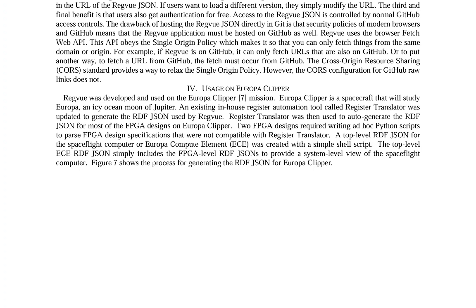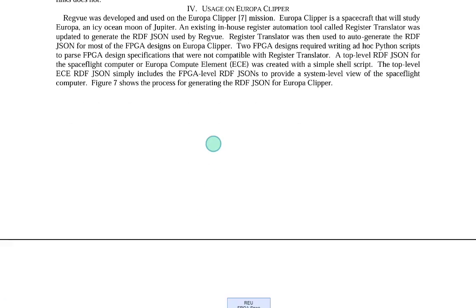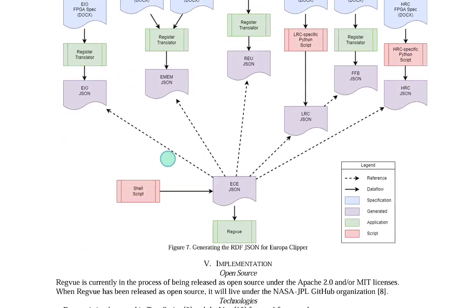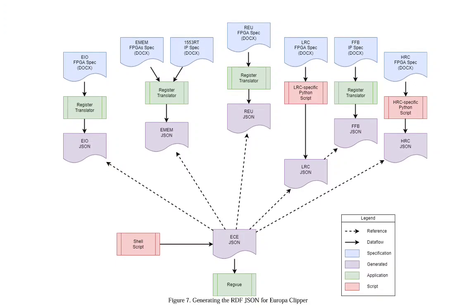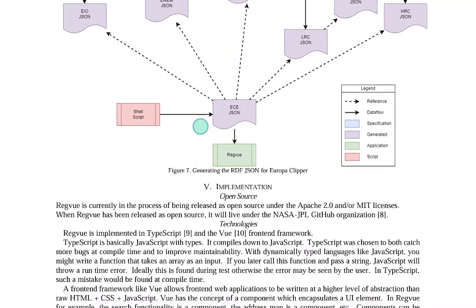The top level ECE RDF JSON simply includes the FPGA level RDF JSONs to provide a similar system level view of the spacecraft computer. Figure 7 shows the process of generating the RDF JSON for Europa Clipper.